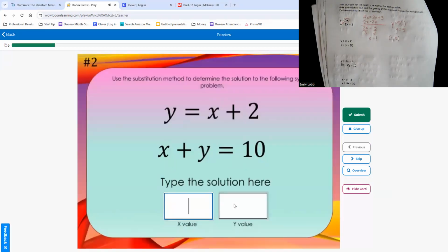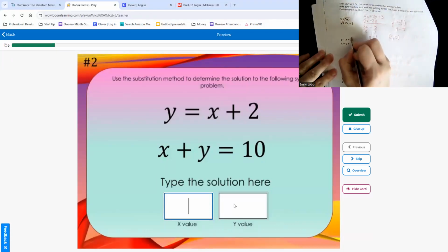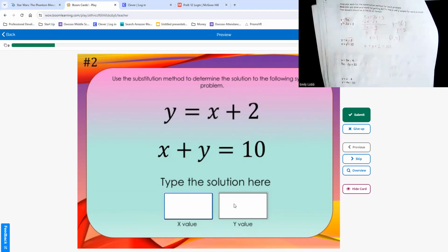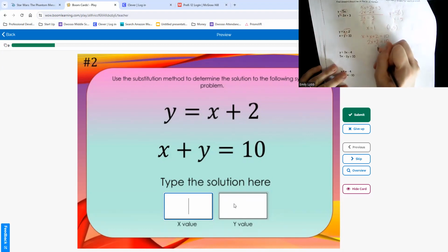All right, and so that's what you're going to do. Remember, when you know what y equals, you're going to substitute it in for y. So here we would have x plus 2 equals 10. So that would give us 2x plus 2 equals 10. If we were subtracting 2 from both sides, we have 2x equals 8.